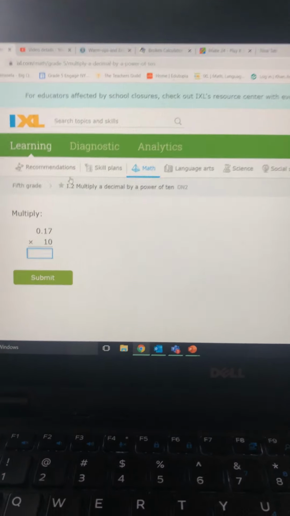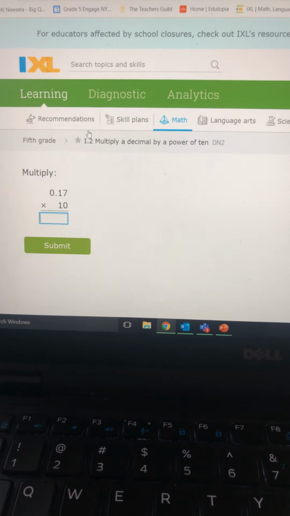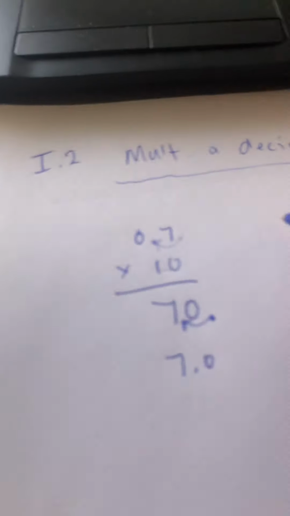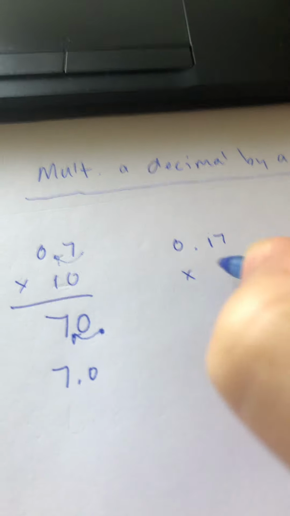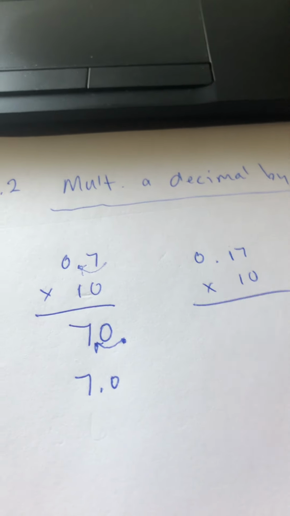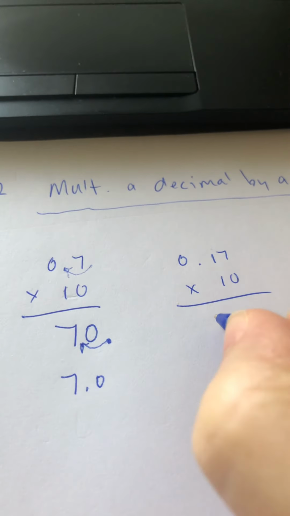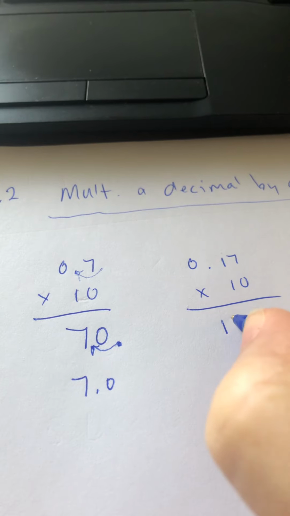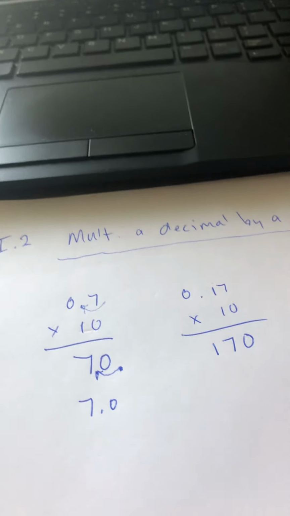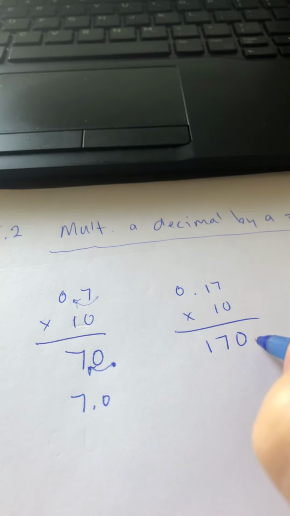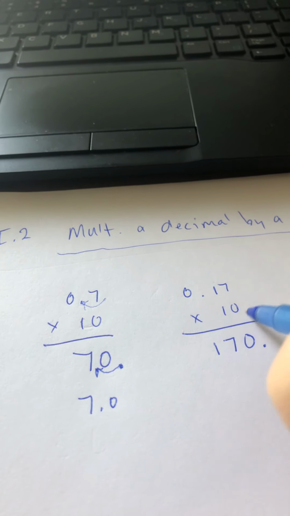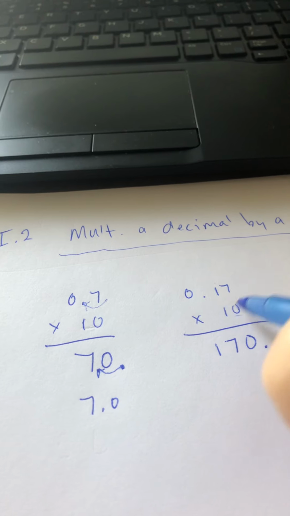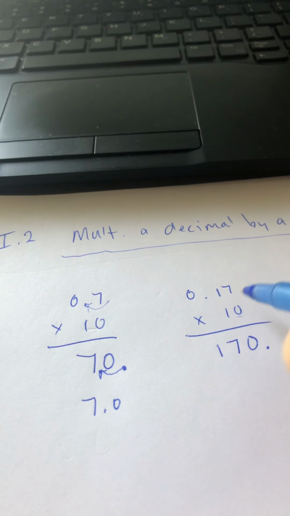Wonderful. Okay, the next one is 0.17 times 10. Well, I know that 17 times 10 is 170. And if I assume my decimal place is on the right, and then I look here, how many decimal places do I have in the two numbers that I'm multiplying?